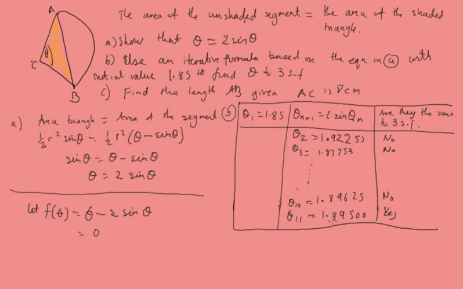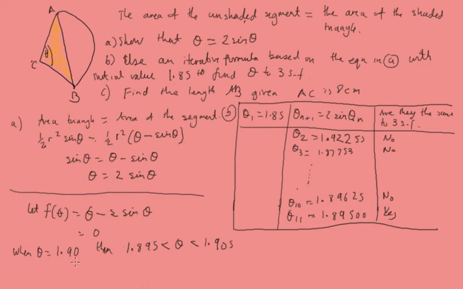So then we've got 1.895 is less than theta, and that's less than 1.905.